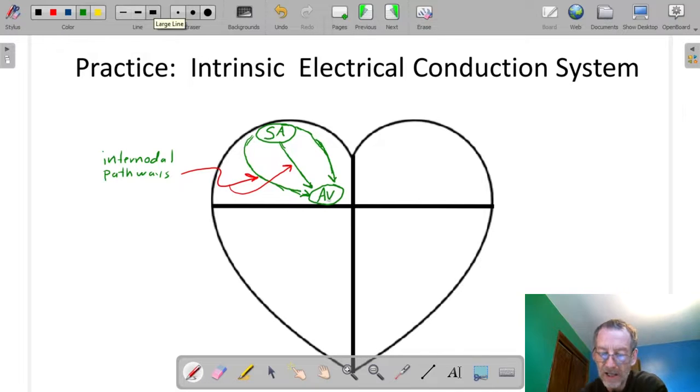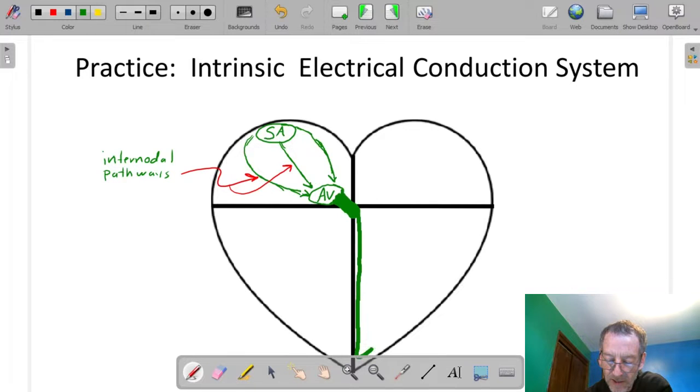And from the AV node, then we're going to draw this large bundle, called the bundle of His, presumably from a German cardiologist, because the Germans spell cardiac with a K. And I think his last name was probably His.